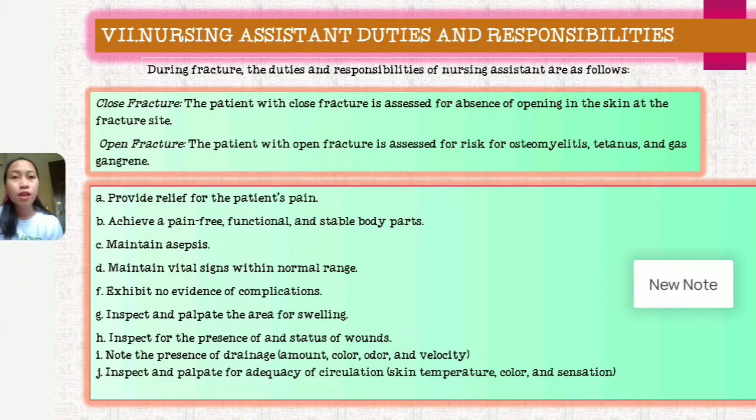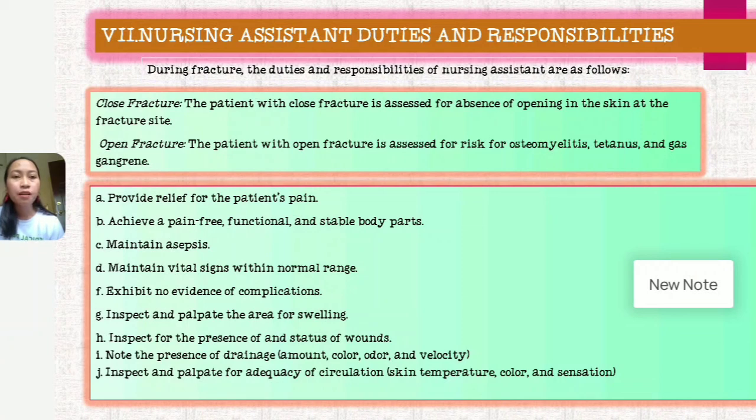Every day, we can check our patient by checking the wound, changing the dressing, and keeping it clean all the time. Next is note for the presence of drainage, amount, color, odor, and viscosity. Through checking the wound, if there is any drainage, we should always note that and report it to the nurses or the doctors.